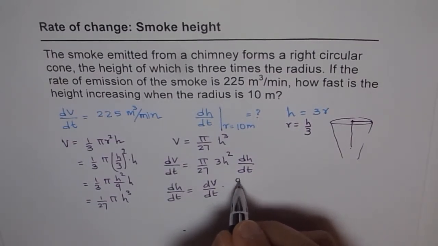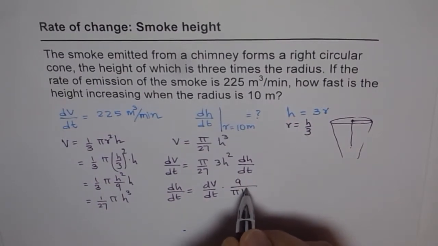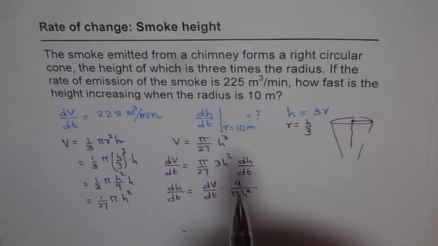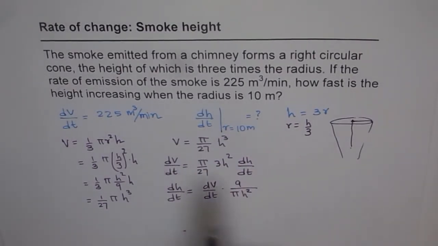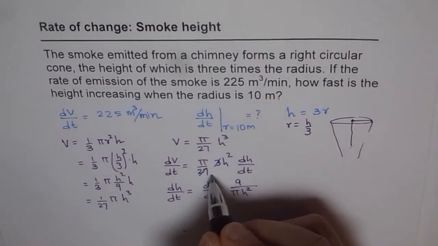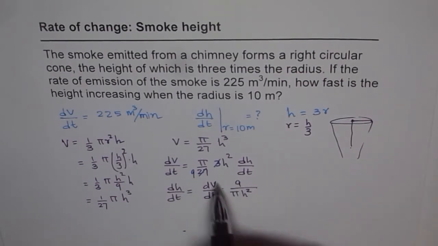So we get 9 over pi h square, correct? So that is the dH/dt expression. Let me simplify it here itself. 3 goes 9 times, right? So it is pi over 9. So we got this 9 on that side, h square in the denominator along with pi. Correct? So that is our expression for dH/dt.